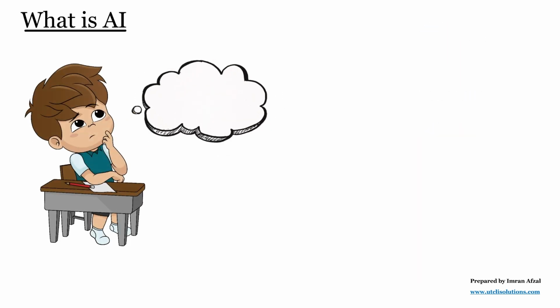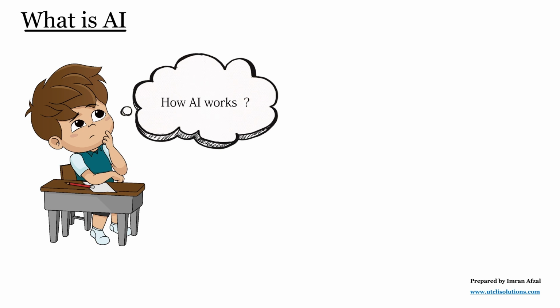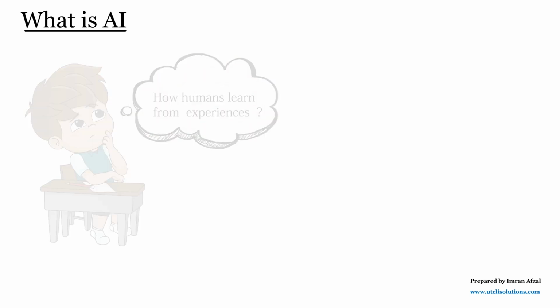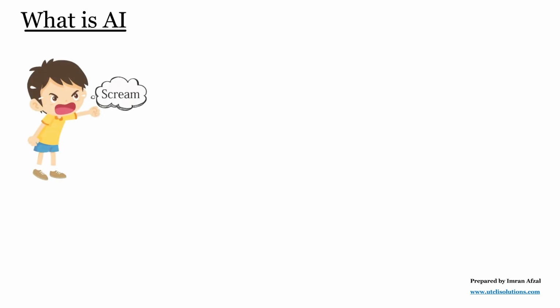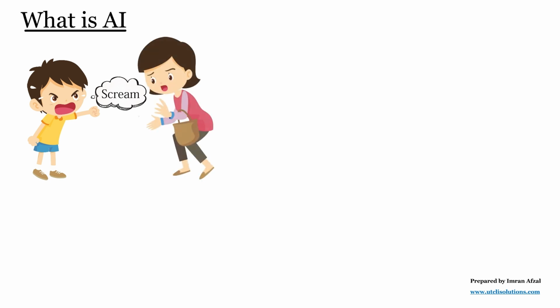Now, you might be thinking how AI works. So, in this video, I will tell you the basics, but I promise to provide a detailed lecture on this in later sections. Okay, let's first understand how humans learn from their experiences. For example, a child learns at an early age that if she screams, the parents will get mad, right?